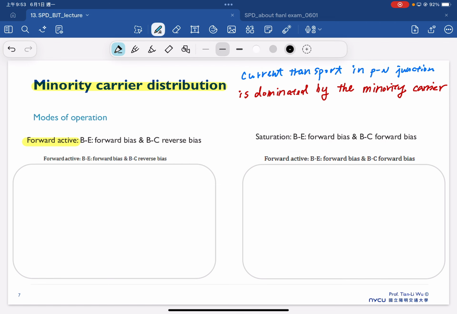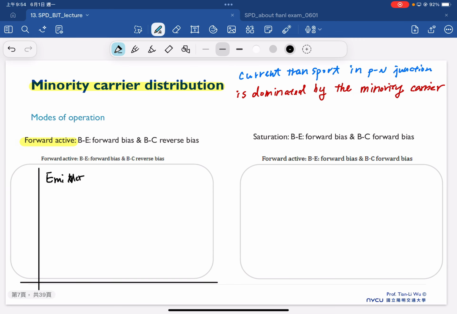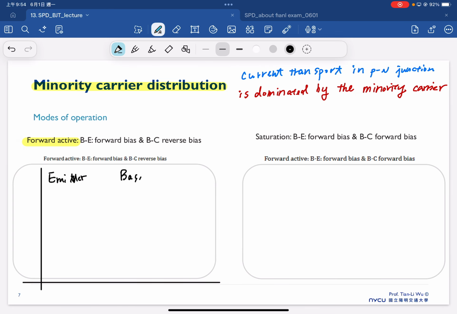Now we combine what we have learned about the minority carrier distribution in the PN junction, but it is a little more complicated because now we have two PN junctions back to back. So let's do this drawing step by step. From left to right, we have the emitter, the base, and the collector.